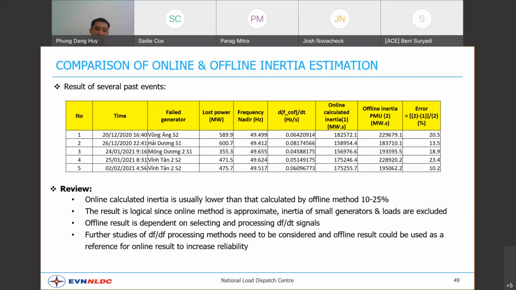We believe that it is logical, because the online calculation doesn't cover the small generators and the effect of the loss in the system. So it is logical that the offline value is larger than the online. We will have further studies of these methods so that we can have more reliable results for both offline and online systems. Next slide, please.